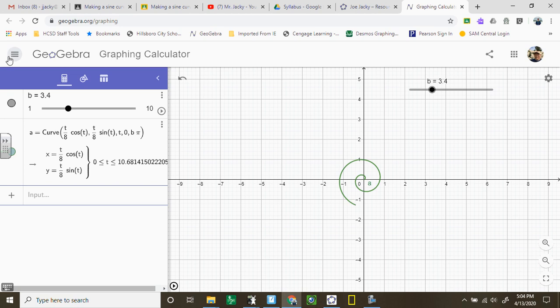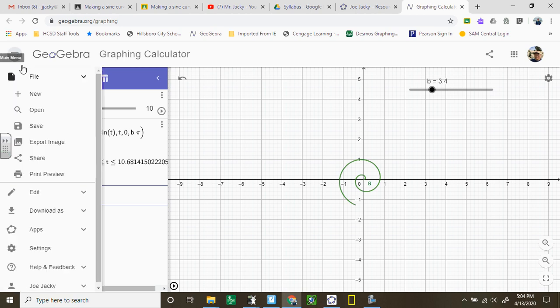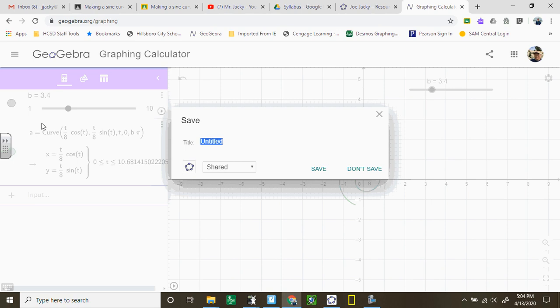So we click the 3 lines over here, and we go to save, and it's going to be called the Spiral, okay. S-P-I-R-A-L of Archimedes, A-R-C-H-I-M-E-D-E-S, and I hit save.